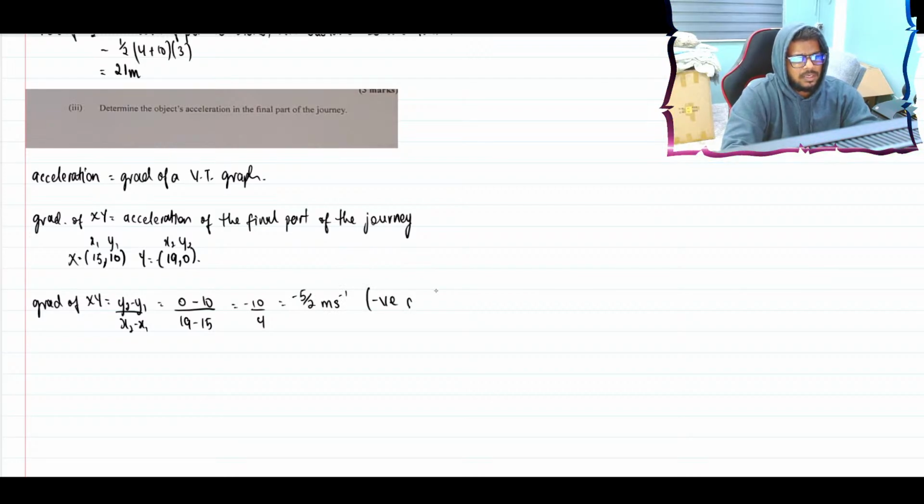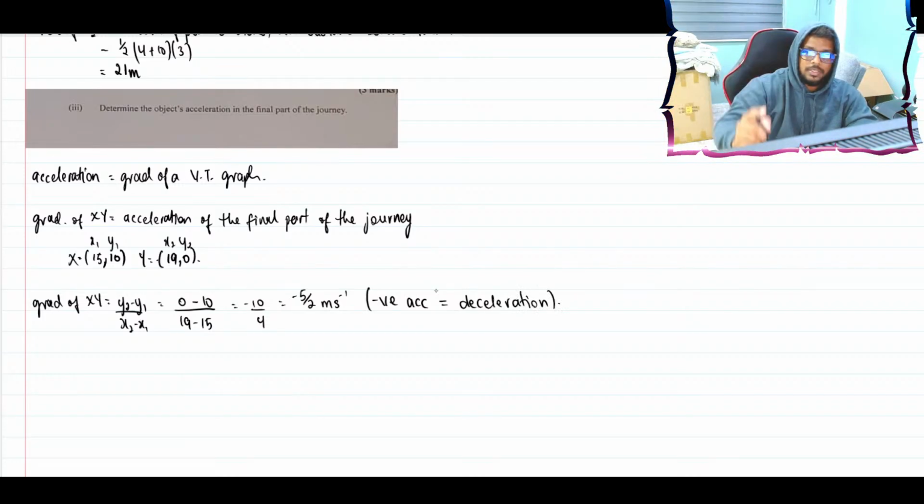A negative acceleration is a deceleration, but they asked for acceleration, which will be negative 5 over 2. The deceleration will be positive 5 over 2. You can put it as a decimal if you want.